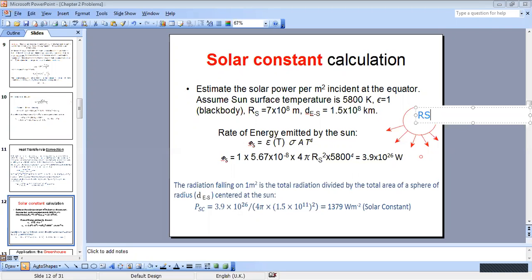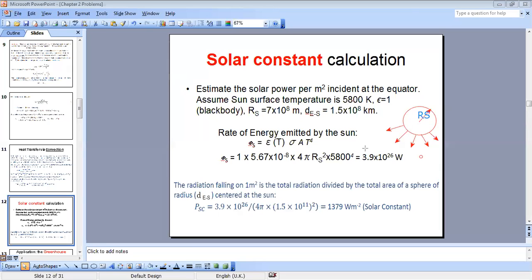It's the external lateral area of the sphere. It's calculated as 4 pi RS squared times the temperature of the sun, which is given as 5,800 Kelvin, to the power 4. This result will give us the total emitted flux by the sun.